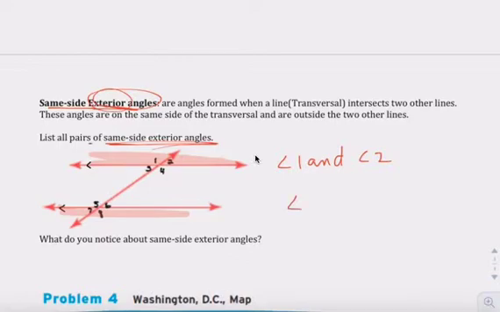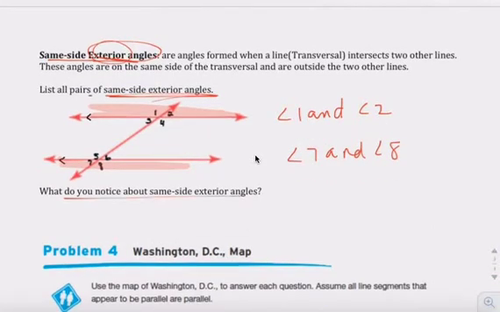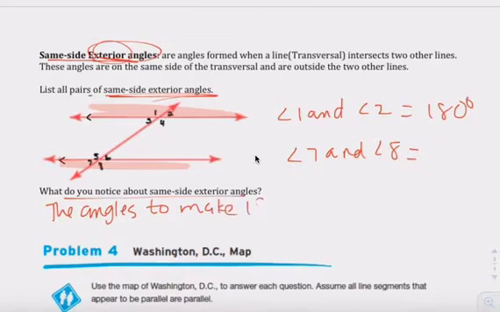And angle 7 and angle 8. Okay? What do you notice about them? They equal 180 degrees. The angles combine to make 180 degrees.